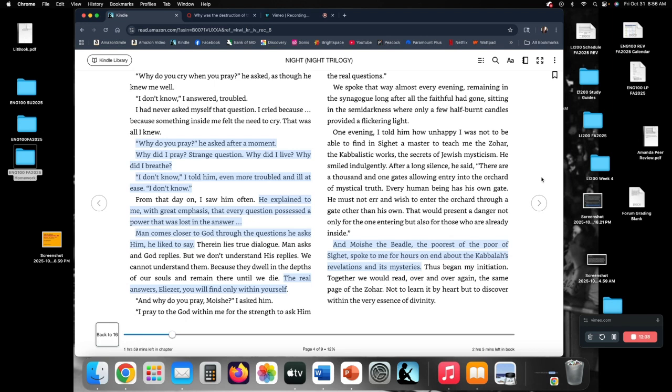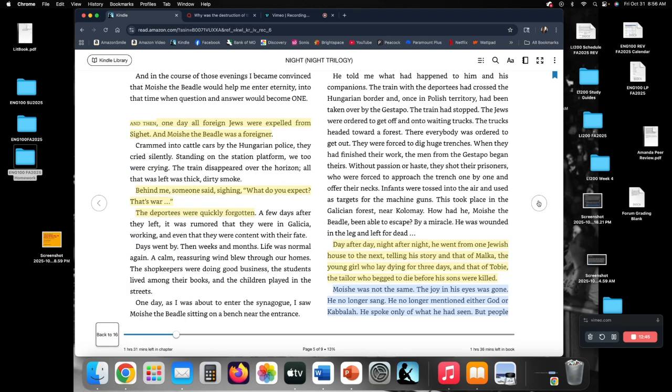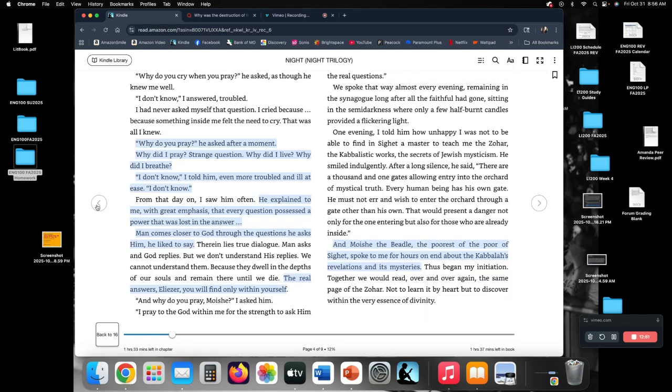There's also a literary device here before we move on associated with Moshe. All of Elie's interactions with Moshe set up this concept of asking questions. Now, whenever we have a faith, a lot of people don't ask questions about the why of it. Why is this what we follow? Why is this what we believe?